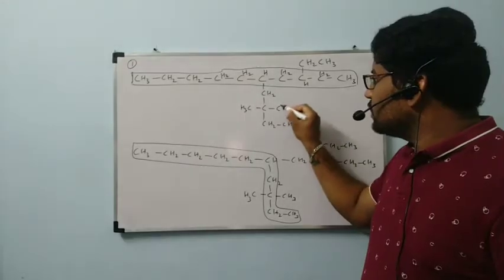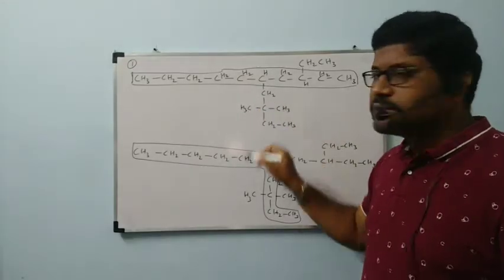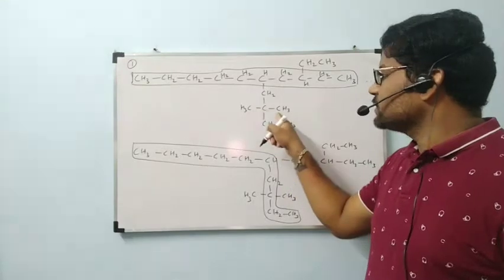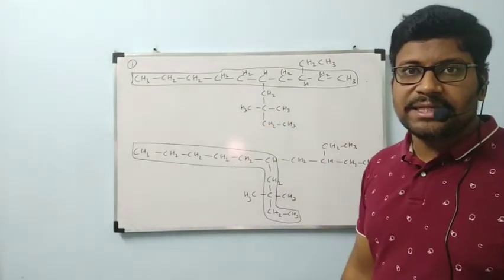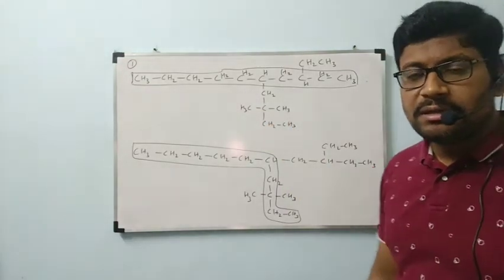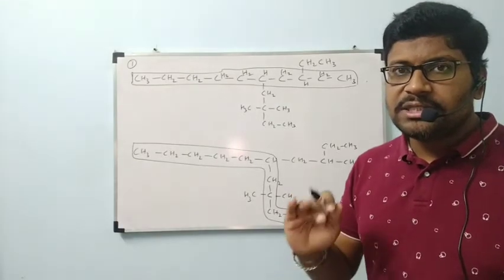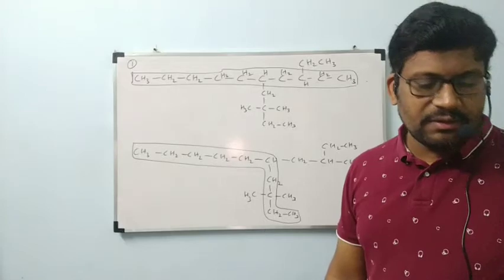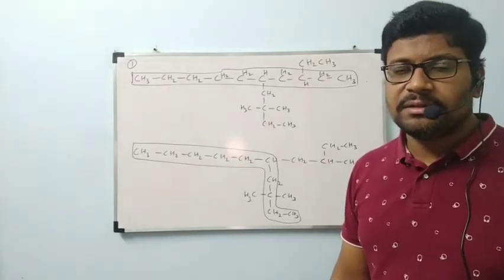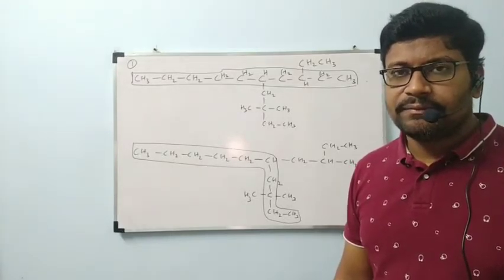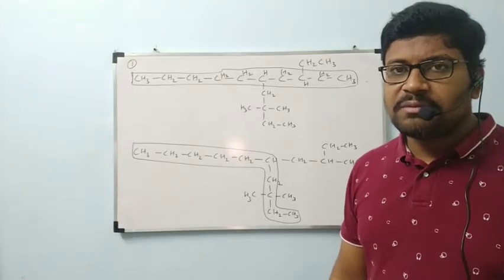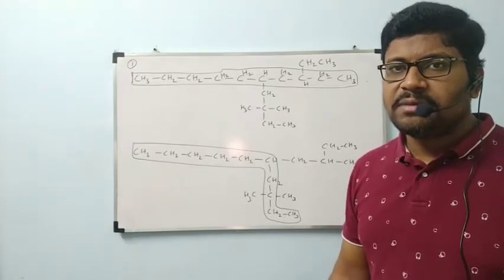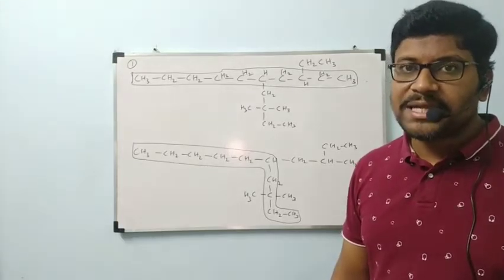The chains which are bonded to the side chain, this one and this one, are called branched chains. Once again, the carbon chain which is directly bonded to the parent chain is called a side chain. The carbons which are bonded to side chains are called branched chains.